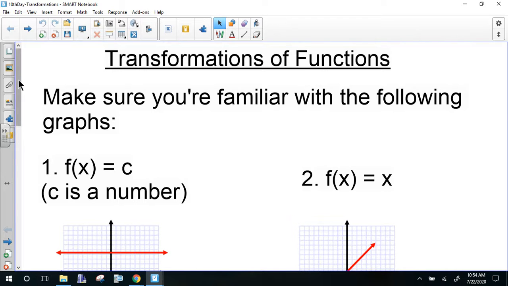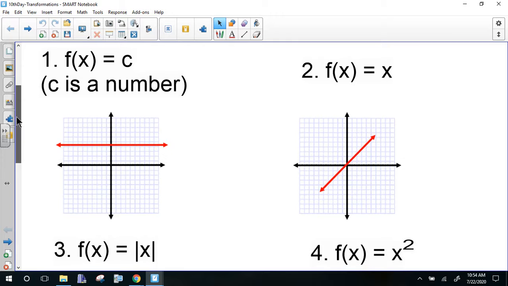The first thing you need to know about transformations of functions is the parent functions. There is a constant function, which is number one. That's f of x equals some number. There's no slope.